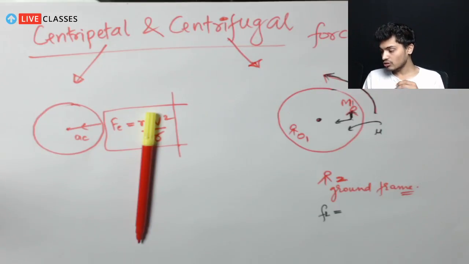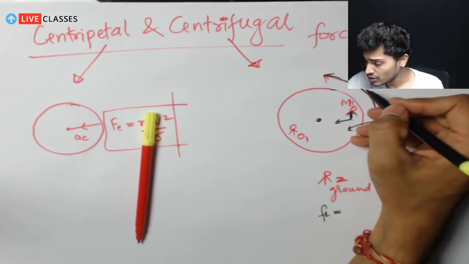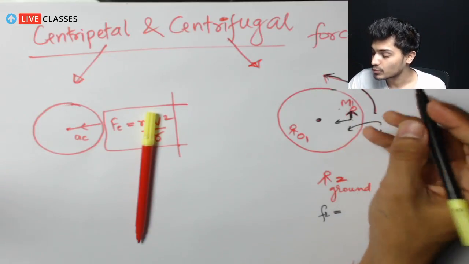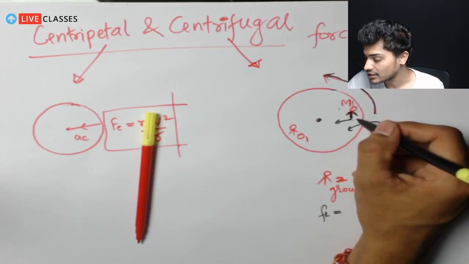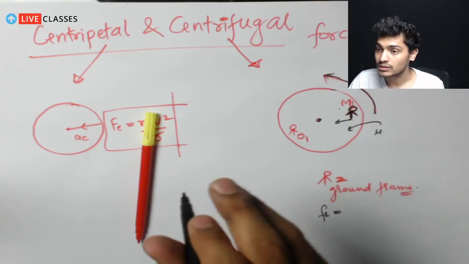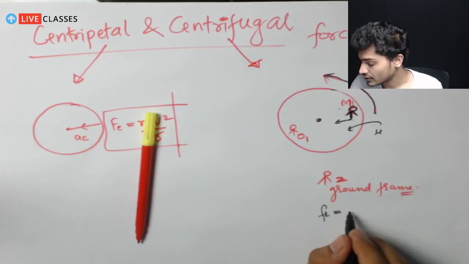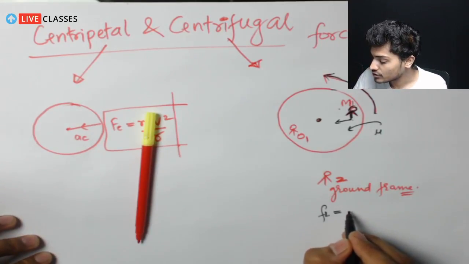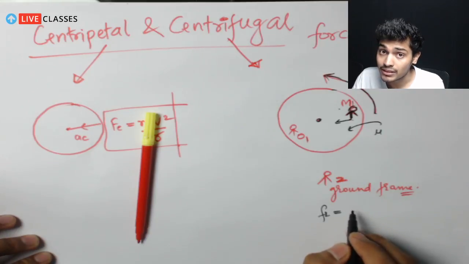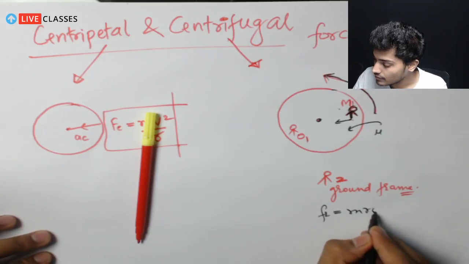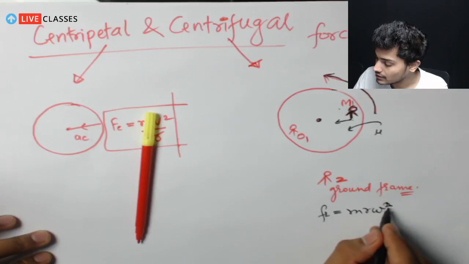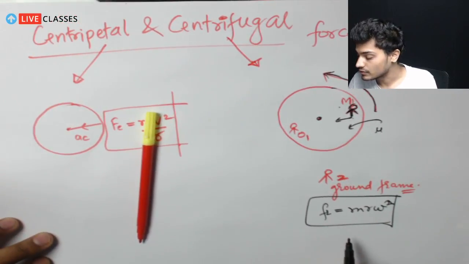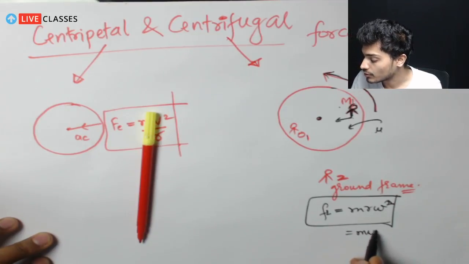So here also, in order to oppose the relative motion between this horizontal surface and this man, friction will act towards the center. This center-acting force we will call the centripetal force, and we will equate it as m r omega square. In the ground frame we generally do it like this, or m v square by r.